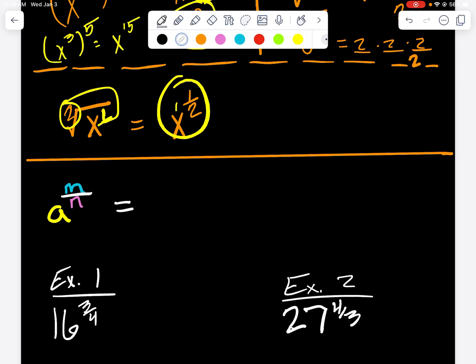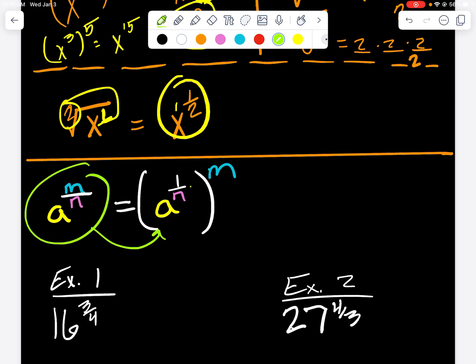The first way that we could write it is we always keep the same numbers, but we could rewrite this as a to the 1 over n, to the m power. We know that when we have a power to another power, we multiply exponents. So 1 over n times m would just give me that right back. There's one way that we can rewrite this exponent in another form.